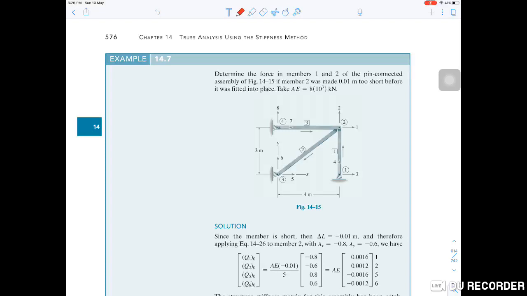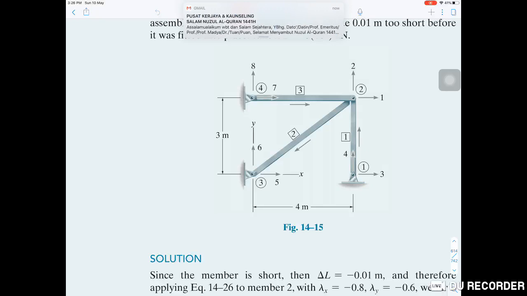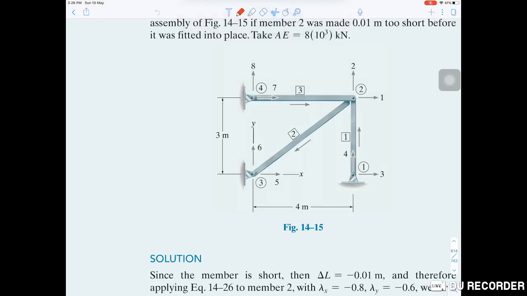Okay, so this is the same truss. There are 4 nodes and 3 elements. Since this question uses the same truss, I just want to highlight or focus on the effect because we will use the same case.